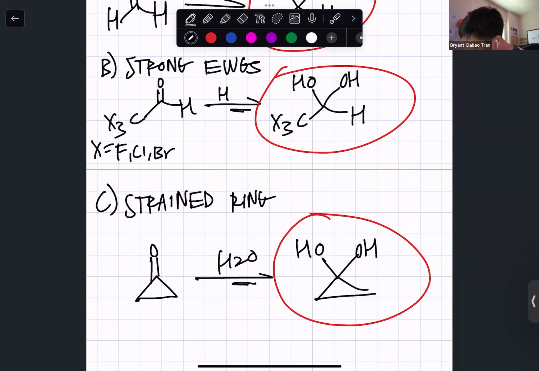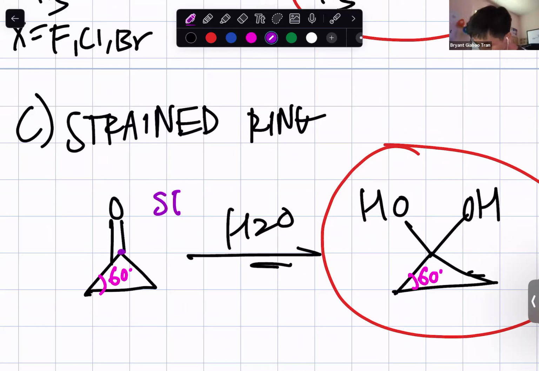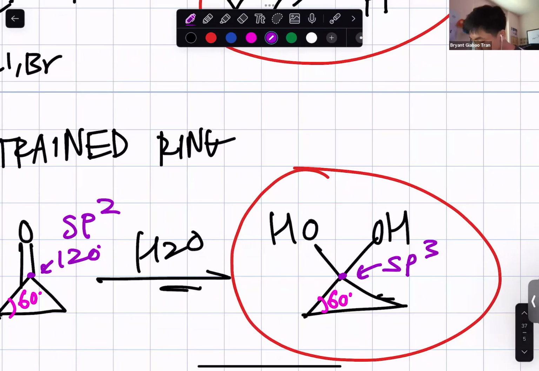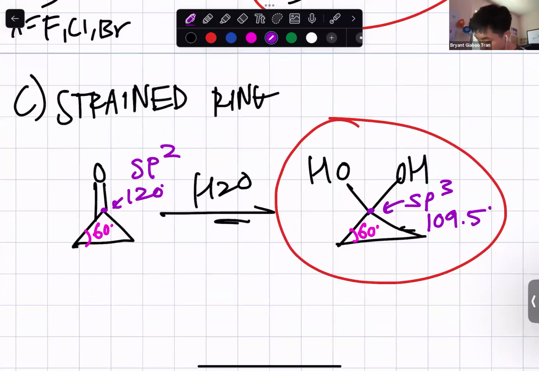The reason why is because this strained ring is locked into the 60-degree bond angle, where we know that this atom here is sp2 hybridized, making it 120 degrees, whereas this carbon here is sp3 hybridized, making the angle 109.5 degrees.